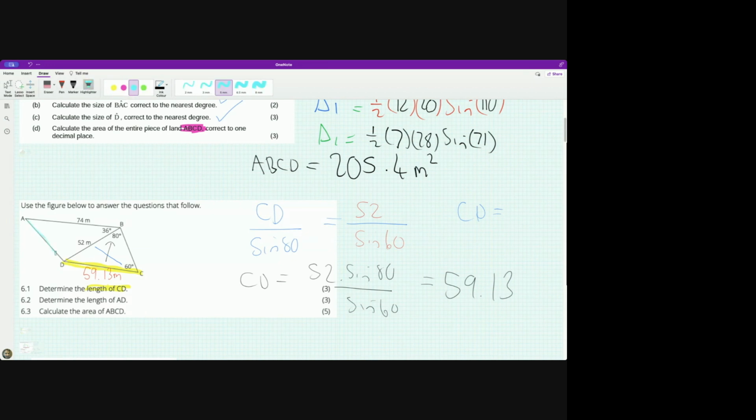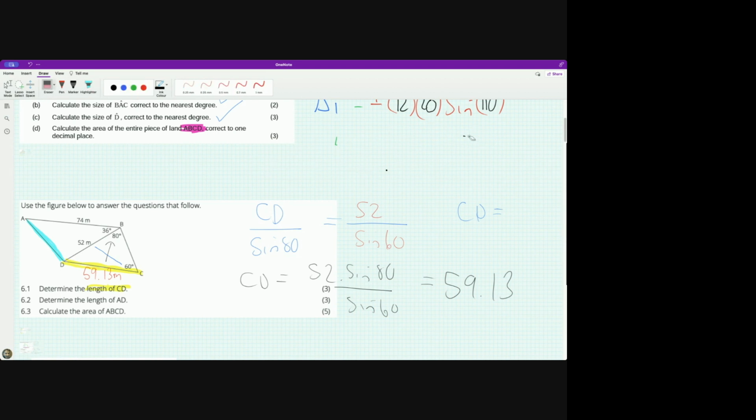Now, AD is sitting up here in our drawing, and I would love some tips from the class about what tool they think will get the job done this time. Look at what you've given and ask yourself, what tool do you think will suit this situation?